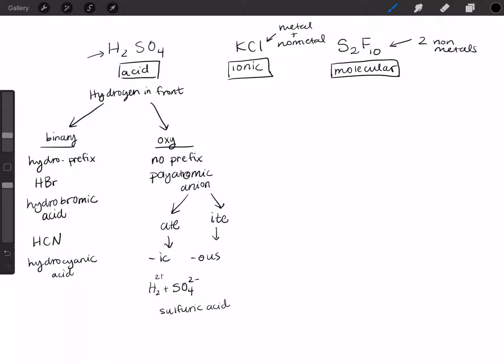Sulfuric acid. What if I want to write sulfurous acid? What would that look like? H2SO3. This is sulfurous acid. Because SO3 2 minus is sulfite. Okay? Cool. Are there any questions about these, Shannon?